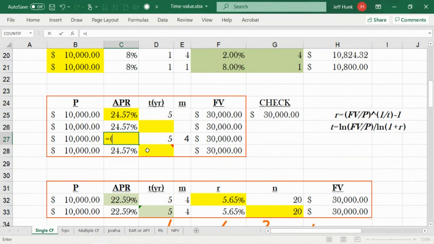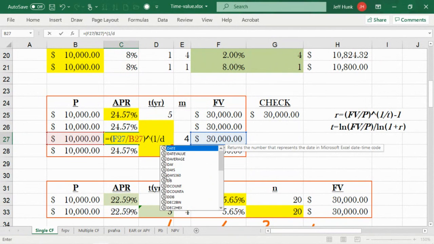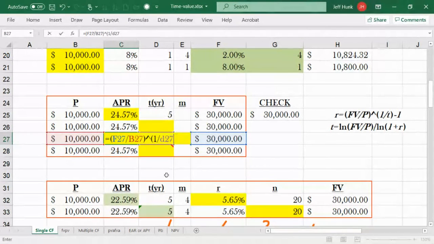It's basically the same thing. This divided by this, but then it's going to be 1 over T times M. T is 5, so that is in G. What is D27 times E27?